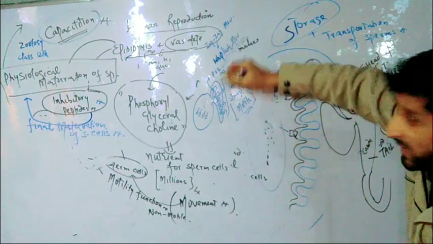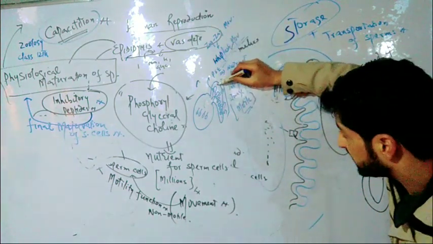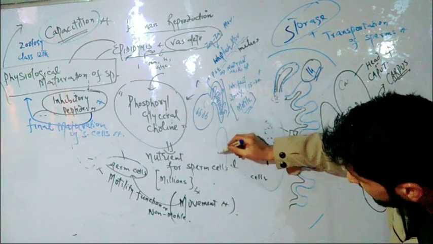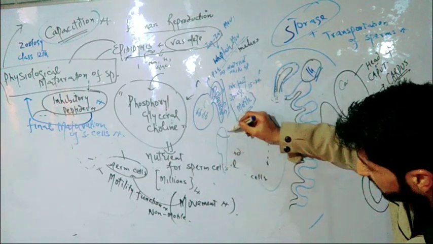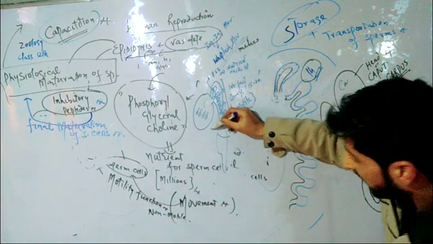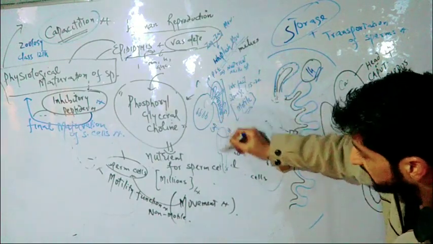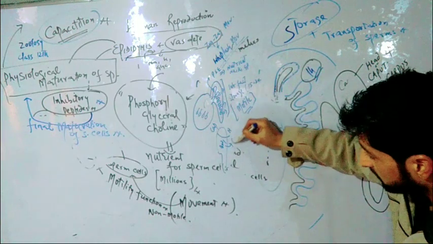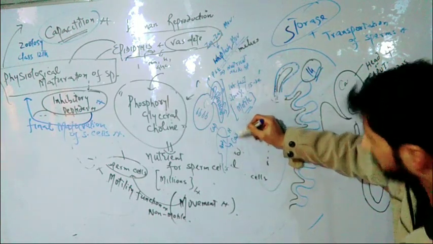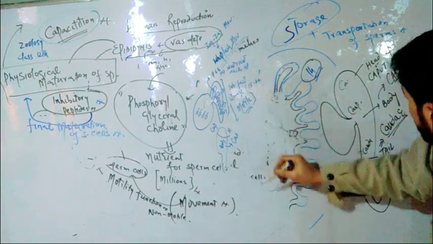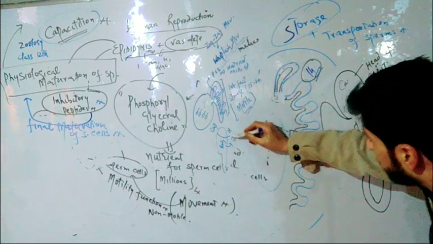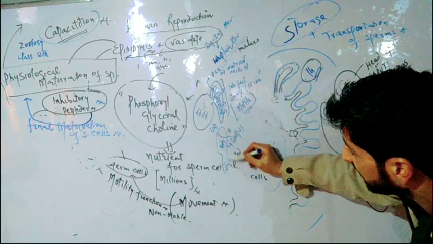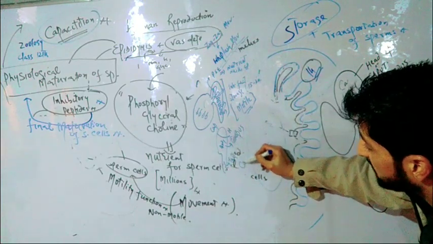The fifth point that I told is that this epididymis basically contains three parts. The first part is known as head, that you call caput. The second part is known as body, that you call corpus. The third part you call tail, that you call cauda epididymis.